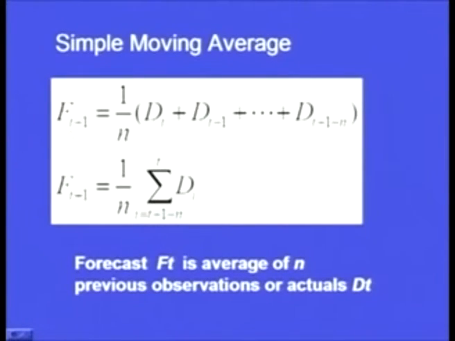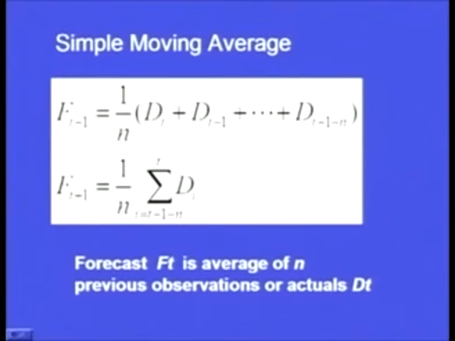Suppose t is 10, then n can be 3, n can be 4, n can be 5, and this decision can be taken by the person who is making the forecast, whether he is going to take into account a 3-period moving average, 5-period moving average or 8-period moving average, and dt is the demand of the last period. So, if n is 3, 3 quantities will be here. If it is 5, then 5 quantities will be here.